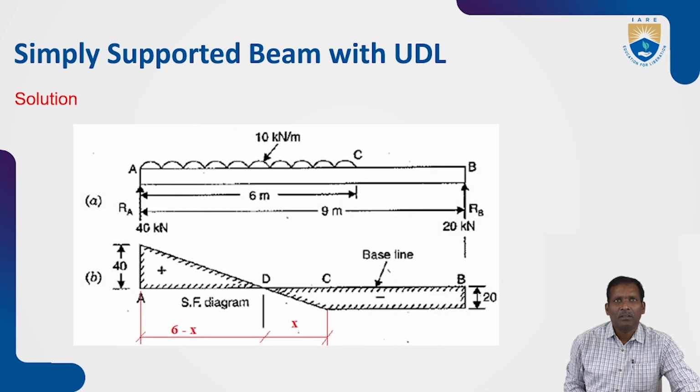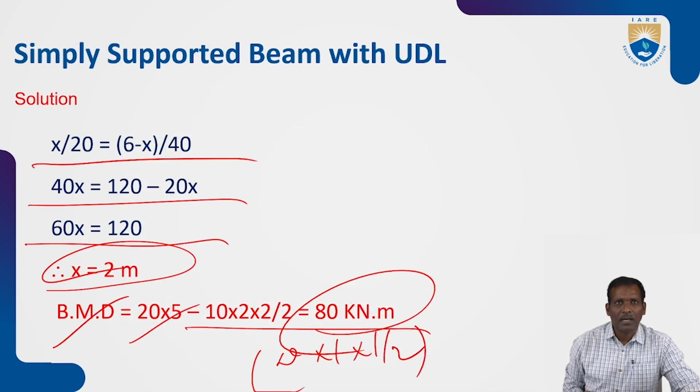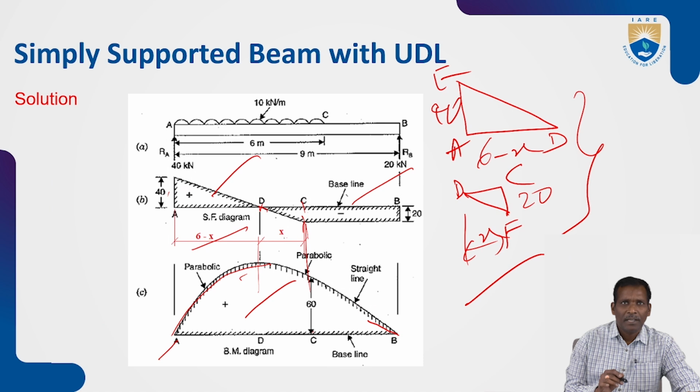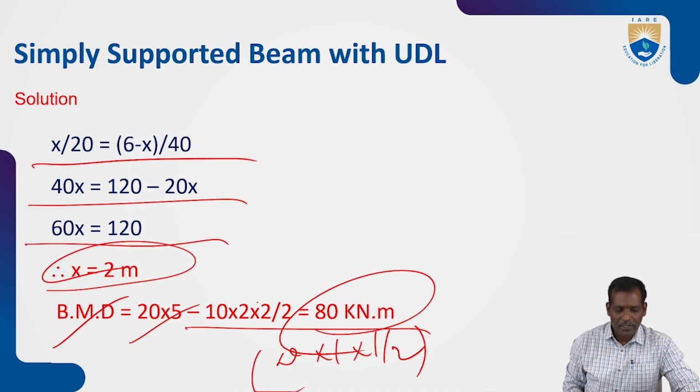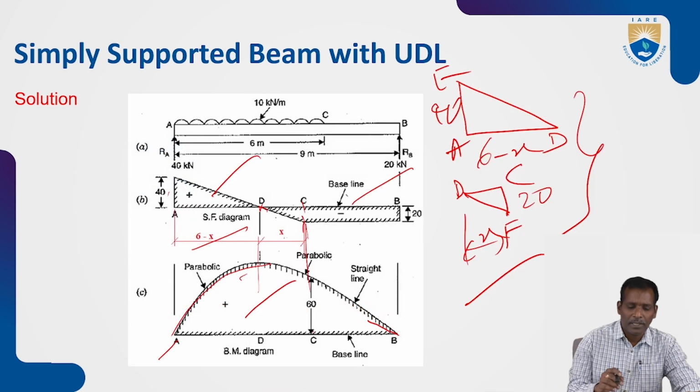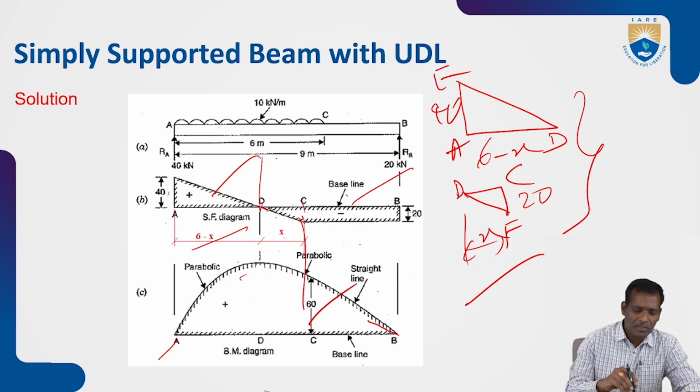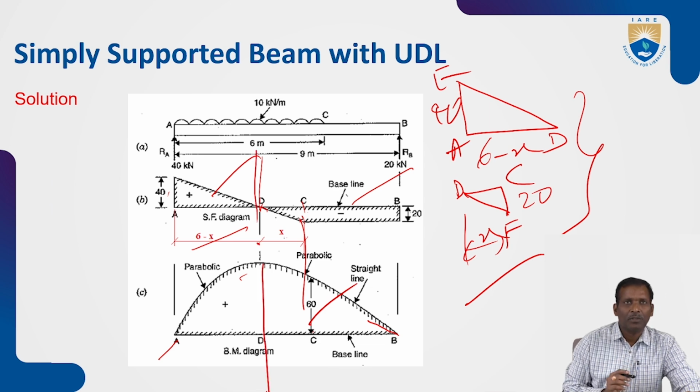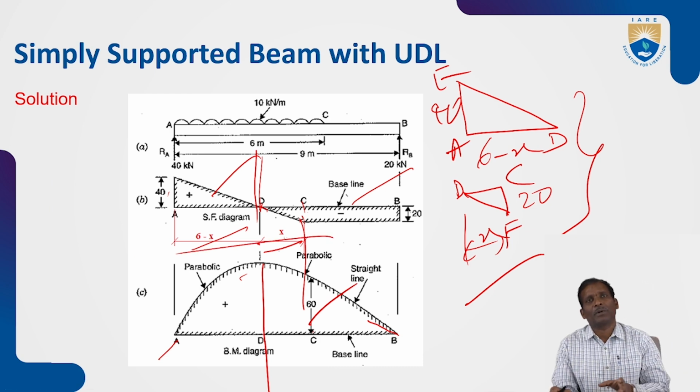So here is the solution once again. Clear? The maximum bending moment occurs at point D, which is 80 kilonewton meter. In the diagram, at C it is 60. Normally, without sectioning at x distance we can't calculate the bending moment at this point. So we have taken x at this point, taken the distance, and then compared the triangles.